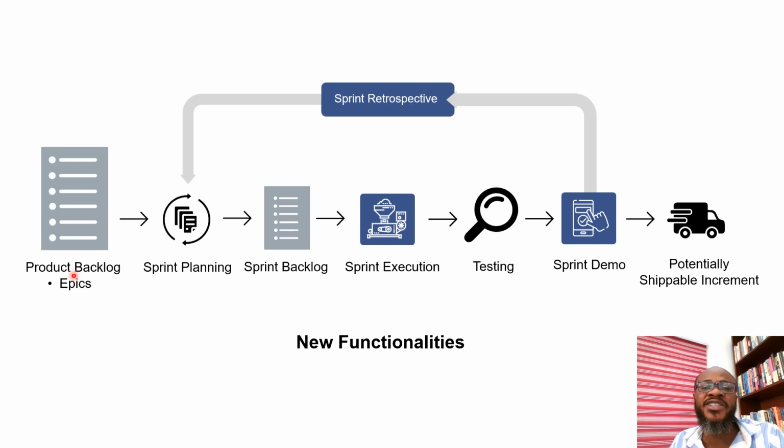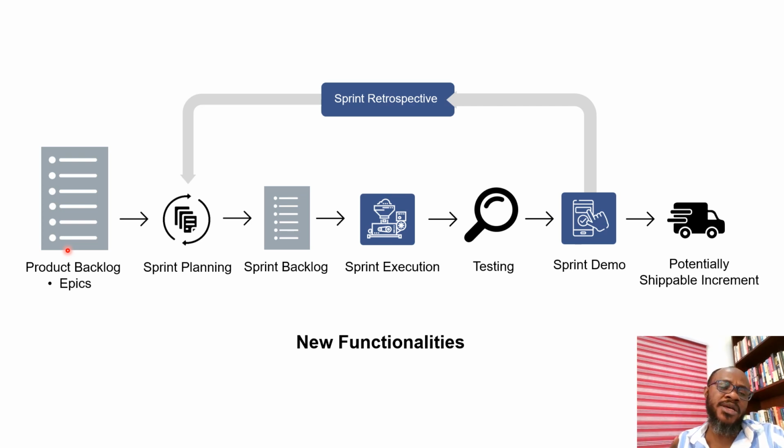Sometimes those new features may be needed immediately, okay, in which case they may appear on top of the product backlog. Other times, although they are important, some other items within the product backlog may still be more important. So these new features may be positioned somewhere within the product backlog depending on their degree of urgency or priority.